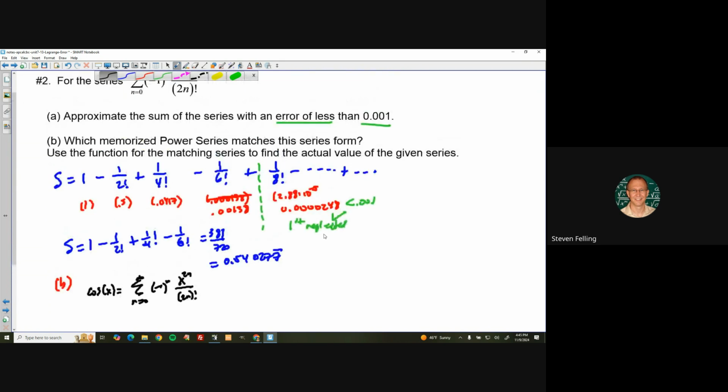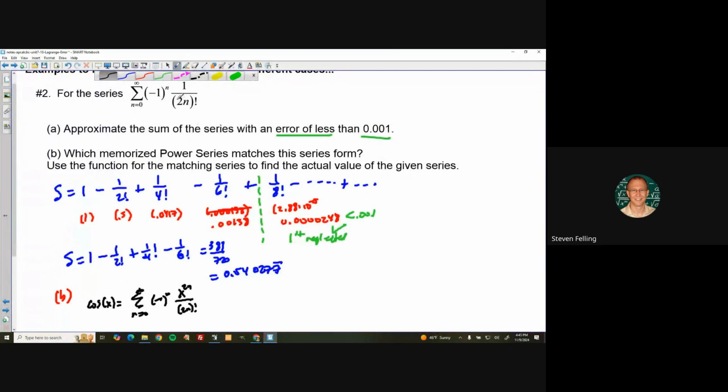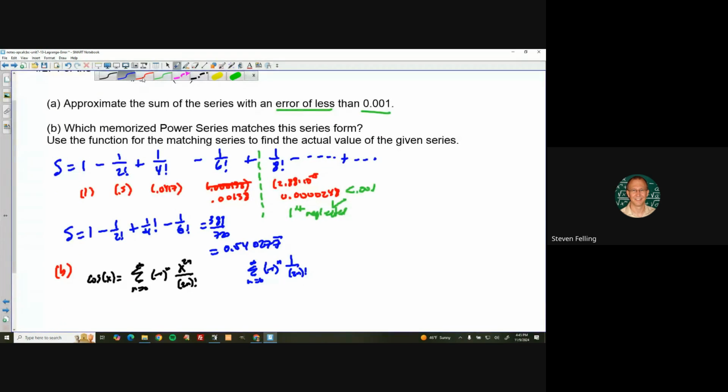Okay, so just as a way to get what the actual sum is, if we're talking about this series, which let me copy it down here, n equals 0 to infinity negative 1 to the n 1 over 2n factorial, it matches this series. This matches, this matches, this matches, and this will match as long as this x is 1. You agree with that?